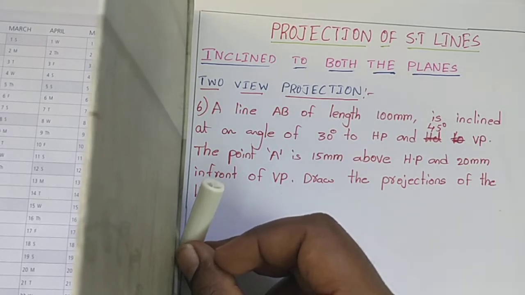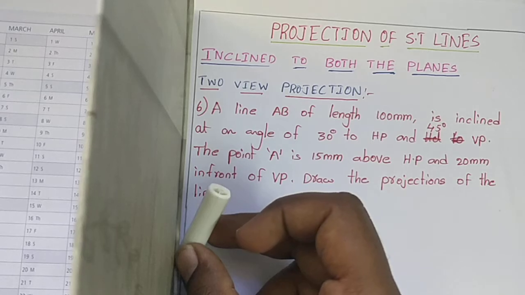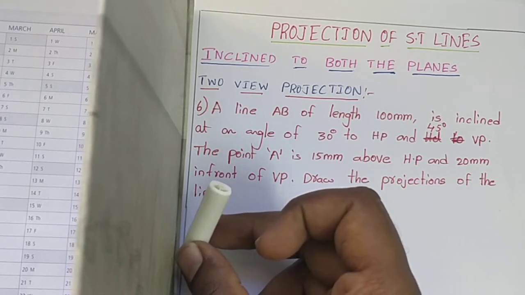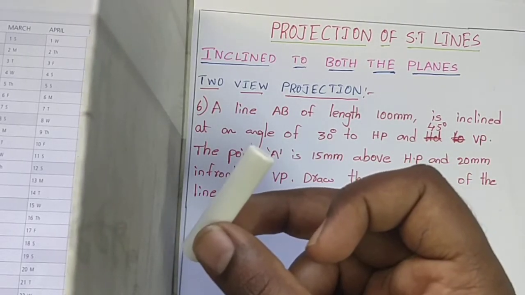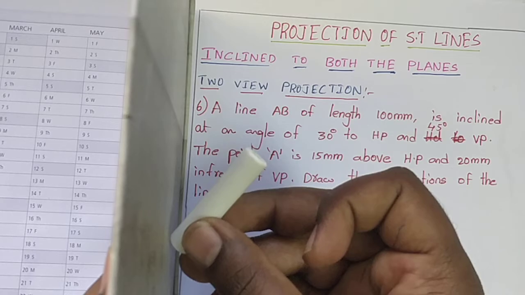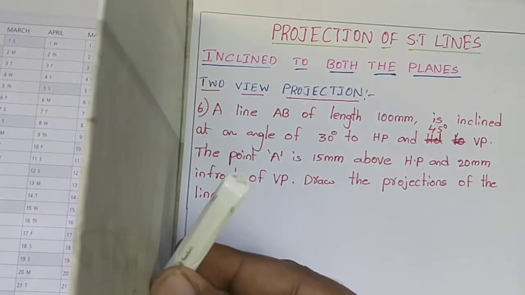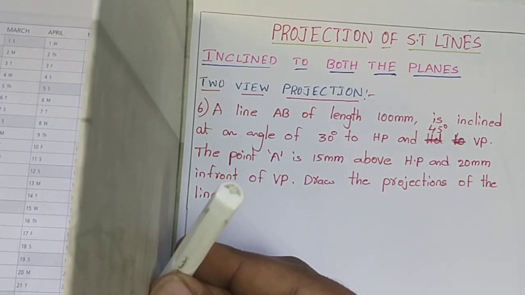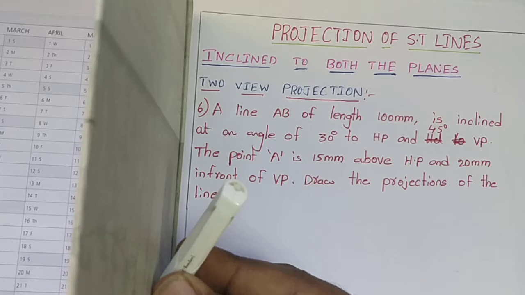First I am going to place the point A 15 mm above HP, with the line making an angle of 30 degrees to HP and 45 degrees to VP, so I am going to increase the length from HP to point A, that is 15 mm. Now the condition of the object is: the length is 100 mm, 30 degrees to HP and 45 degrees to VP, and point A is 15 mm above HP and on VP.